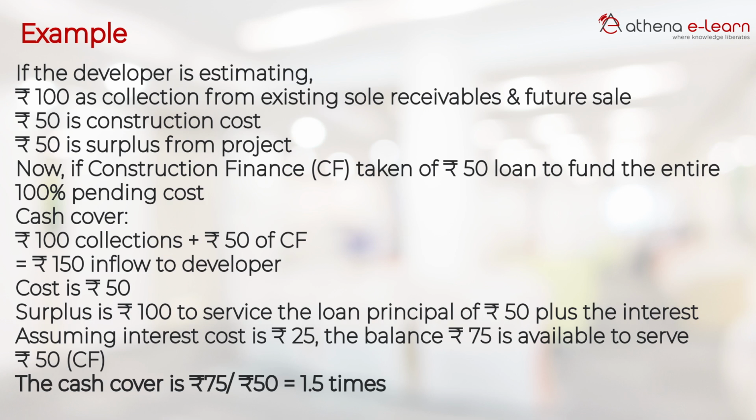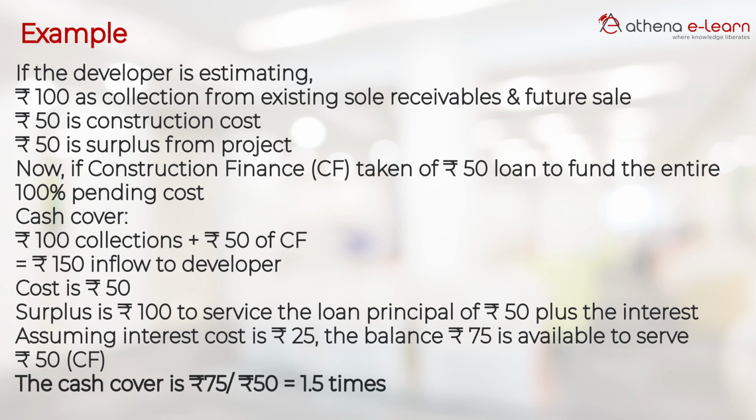then the way to calculate the cash cover will be as follows. 100 rupee collection plus 50 rupees of construction finance gives a total inflow to the developer of 150 rupees, against which there is a cost of 50 rupees which he will incur in the project, which means that there is a surplus of 100 rupees to service the loan principal of 50 plus the interest.